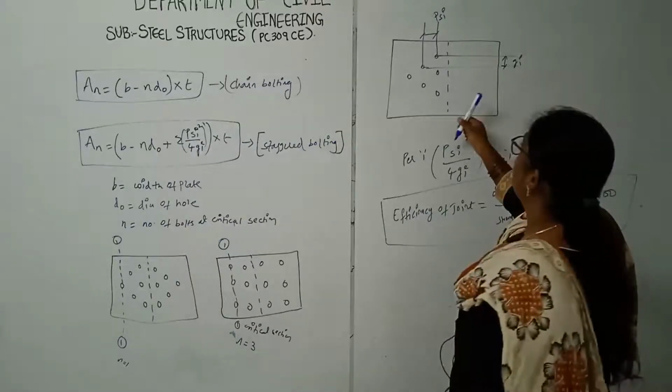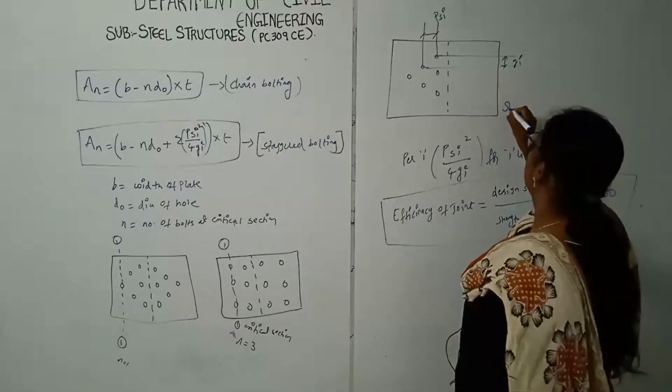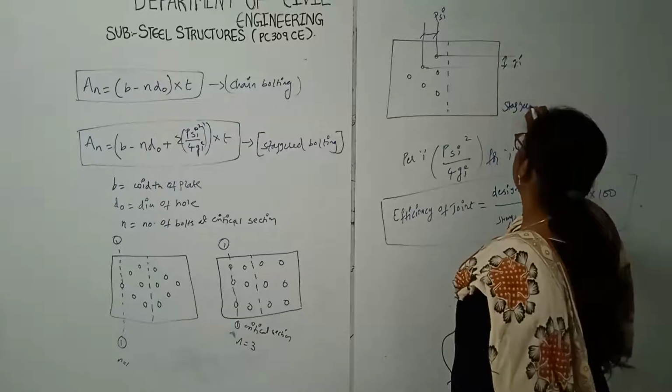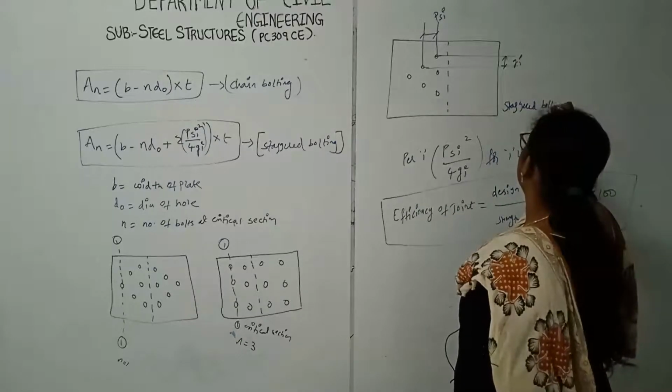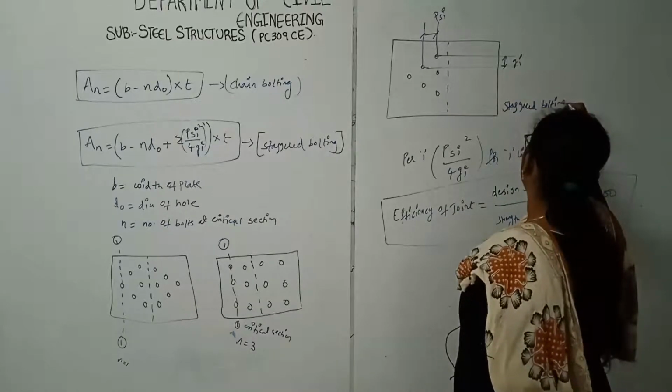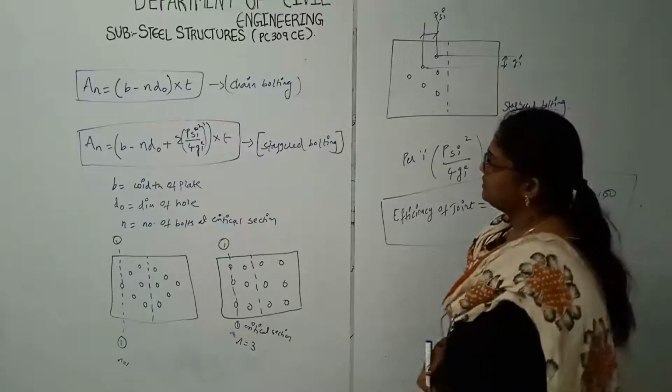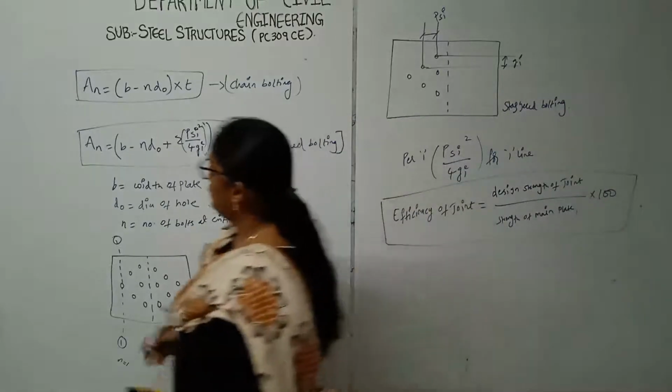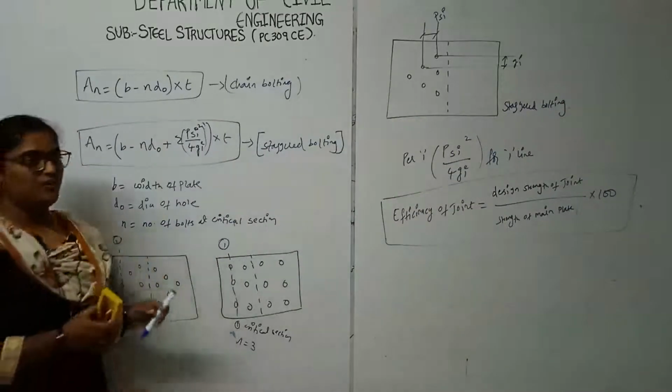So which type of bolting is this? This is staggered bolting. So now we have got the efficiency of joint.